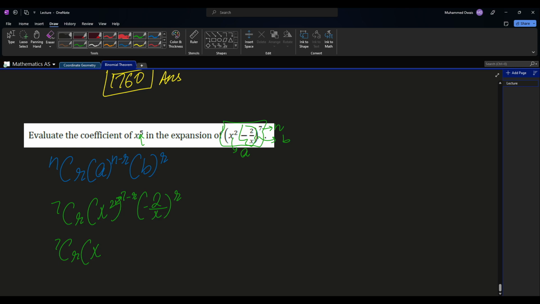So x power 2 into 7 minus r. Do not forget the powers multiply with each other. Into minus 2 into x power minus 1. We brought this x to the numerator. And then this becomes 7Cr into x power 7 into 2 is 14 minus 2r, and then minus 2 power r into x power minus r.